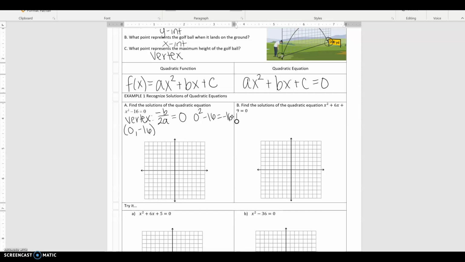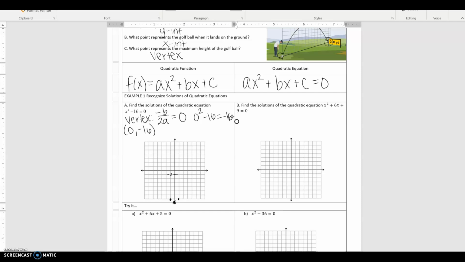So our vertex would be off the graph down here somewhere. So we need to plug in some more points, or we can look at the dilation, which is 1 in this case. So it would go up 1 over 1. And then from this, it would go over 2, and then squared would be 4. So it would go 1, 2, 3, 4. But since we don't know, so this would be 1, 2, 3, 4, 5, and so on, we actually have to count by 2's.